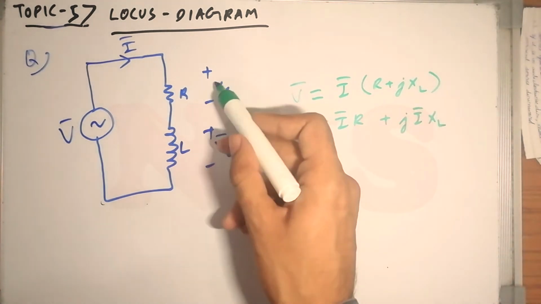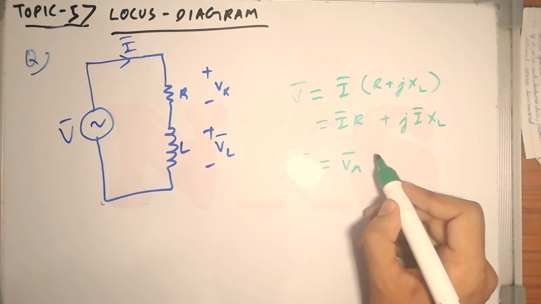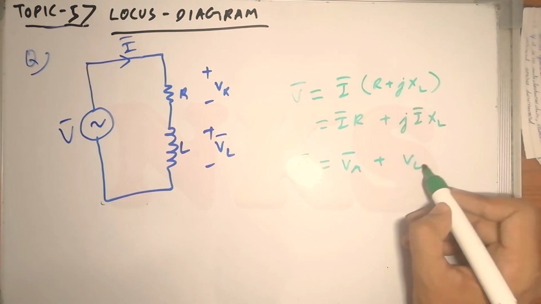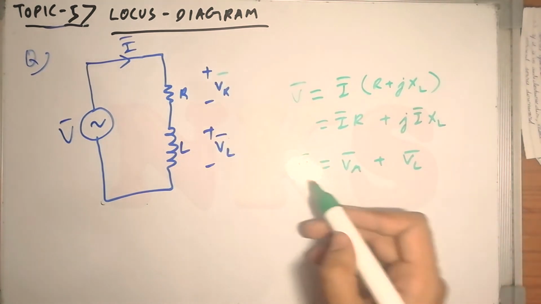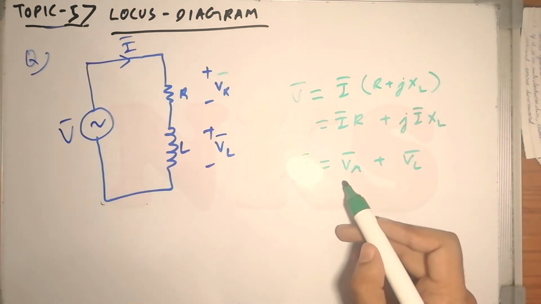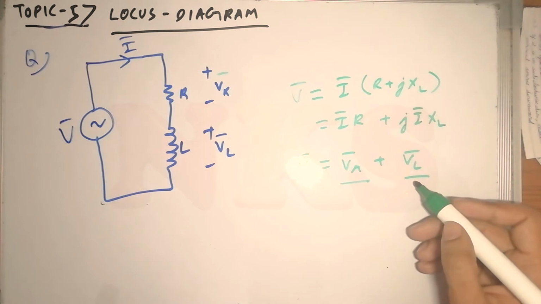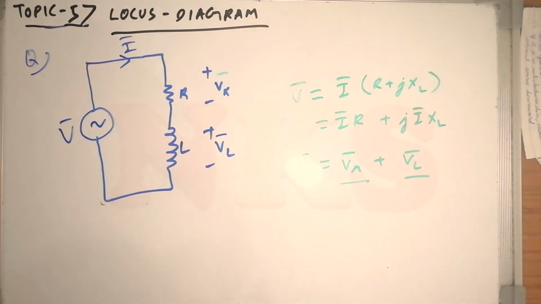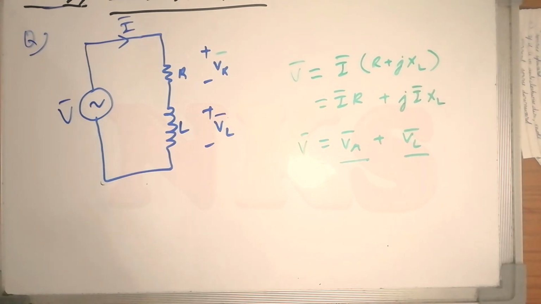The voltages are already given to us, so it will be VR plus VL. The total voltage is the phasor sum of the voltage drop across the resistance and the voltage drop across the inductor. Now we will draw the phasor. It's simple.